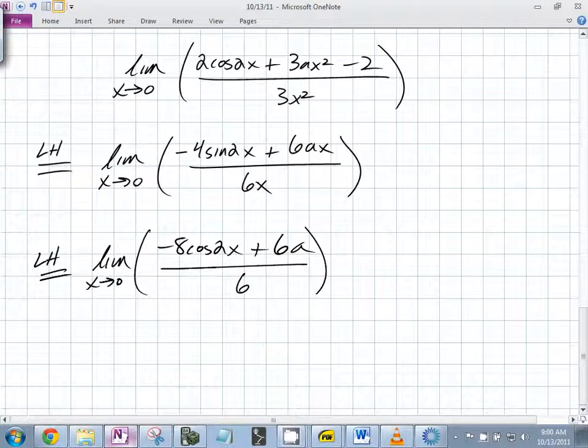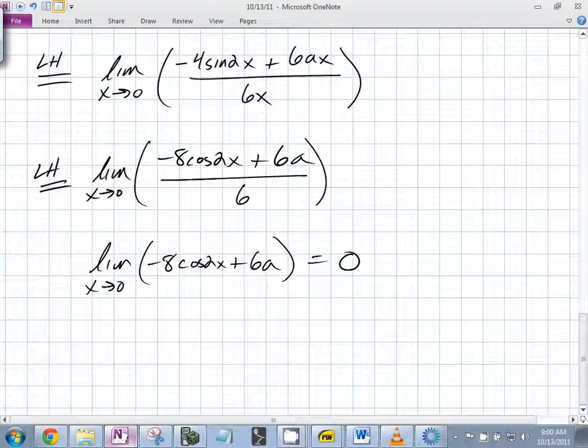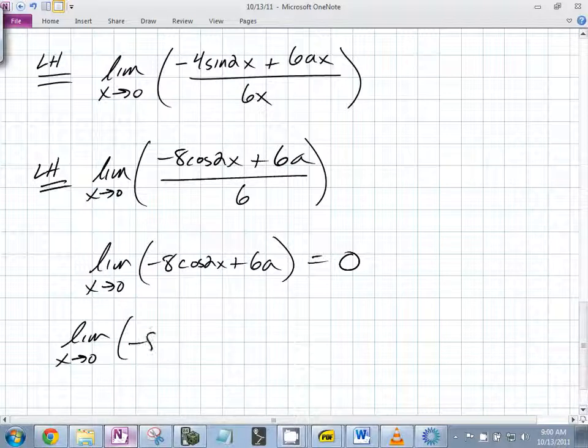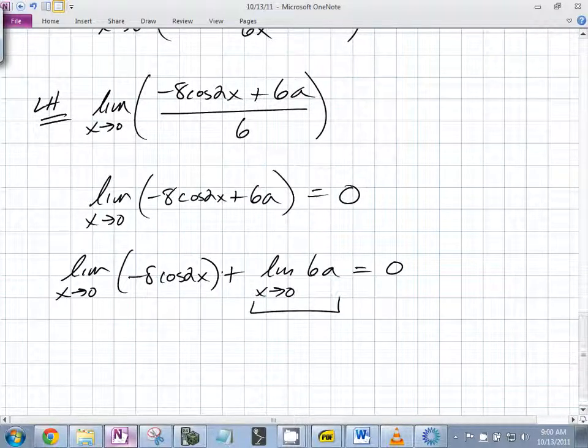So therefore we want the limit as x goes to 0 of the top, negative 8 cosine 2x plus 6a, to equal 0. So the limit of negative 8 cosine 2x plus the limit of 6a has to be 0. What's the limit as x goes to 0 of 6a? 6a, right?